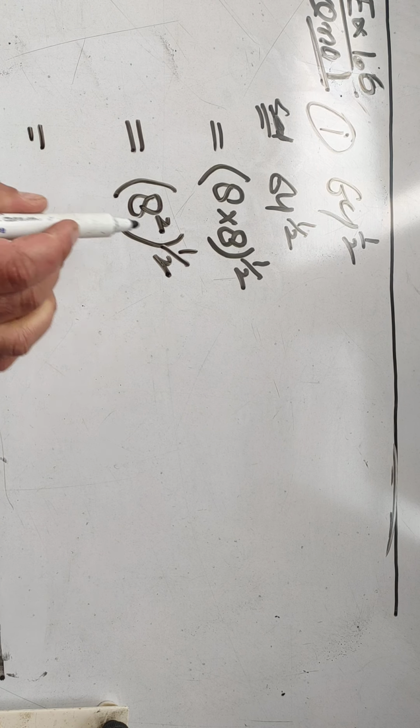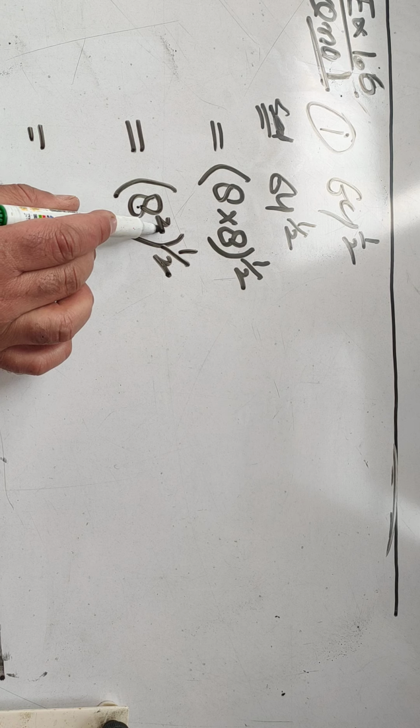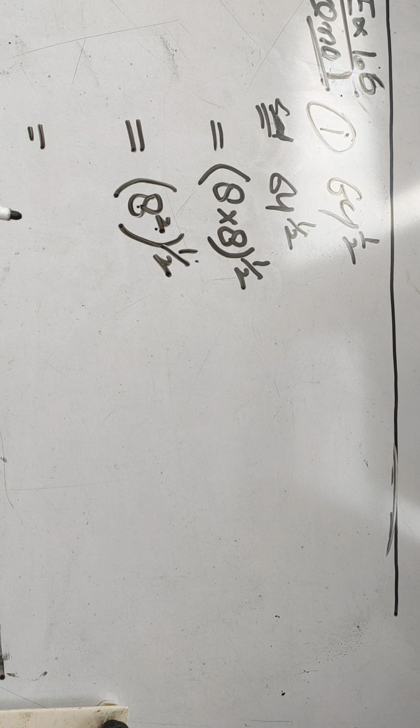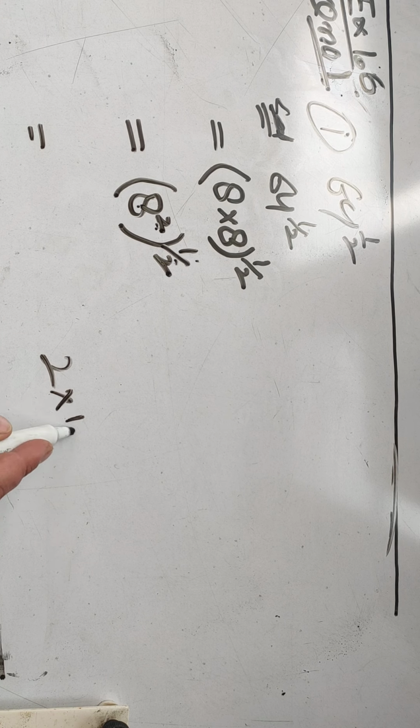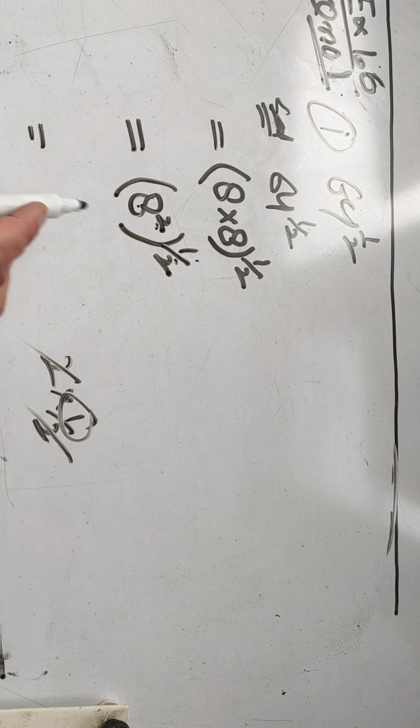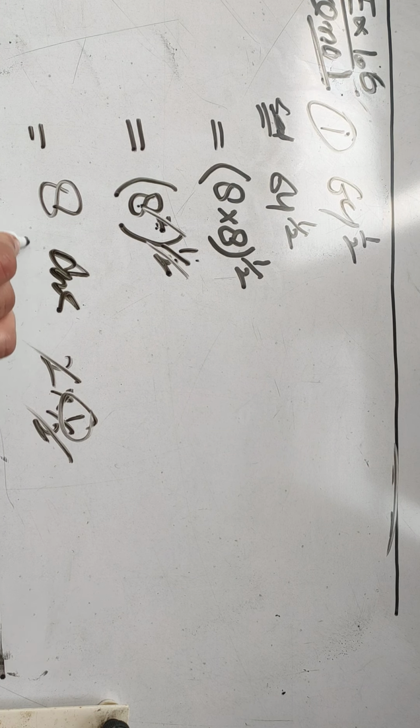As you know, when 8 raised to the power 2 is raised to the power 1 by 2, the two powers get multiplied. So 2 into 1 by 2, the 2 and 2 cancel. So 8 raised to the power 1, that means 8. It is the answer.